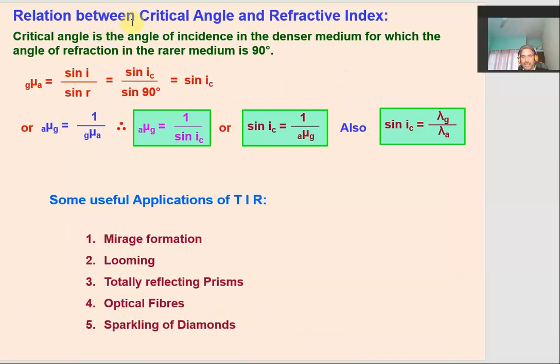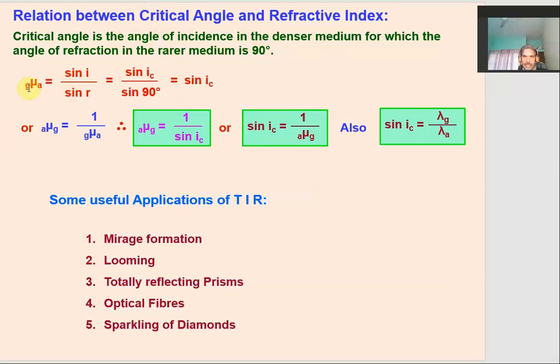From there we can write the relationship between the critical angle and the refractive index. The critical angle is that angle of incidence at which the angle of refraction is 90 degrees, or we can say the refracted light ray goes along the interface.